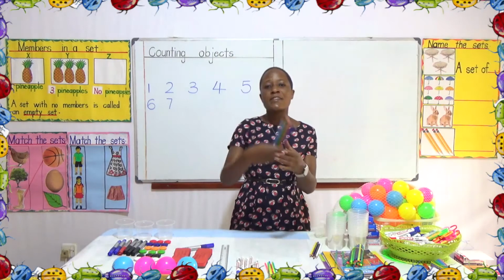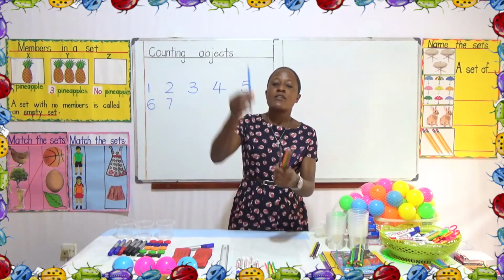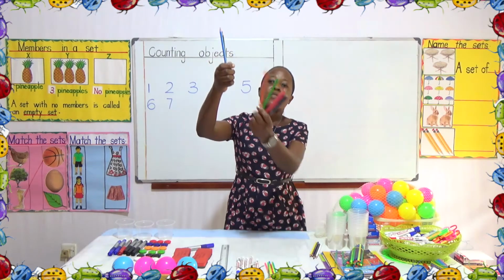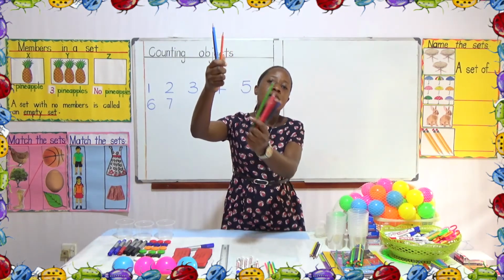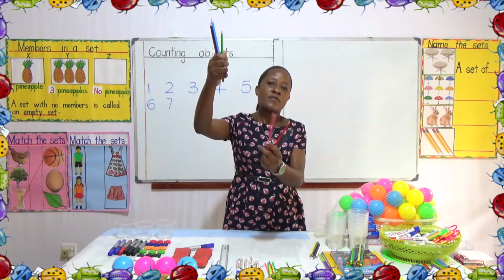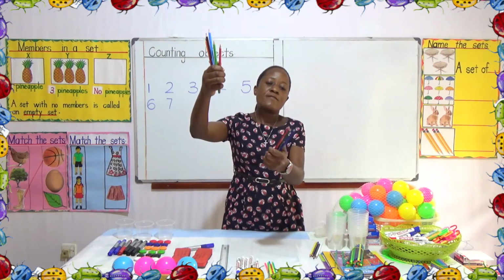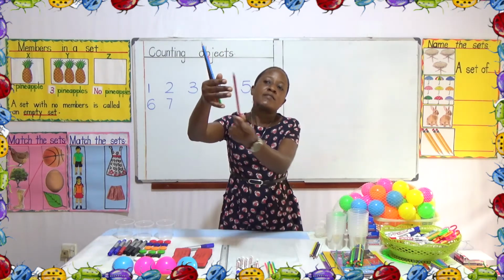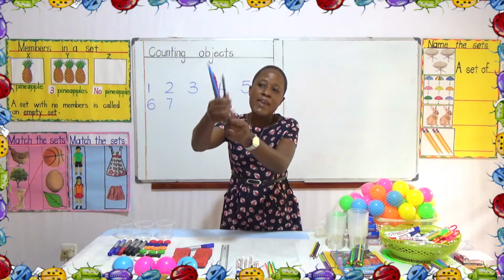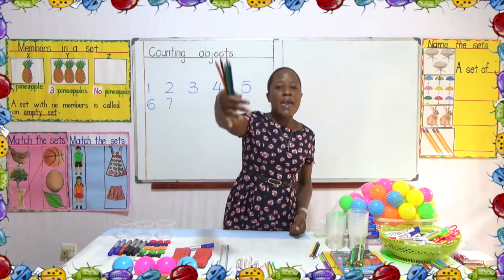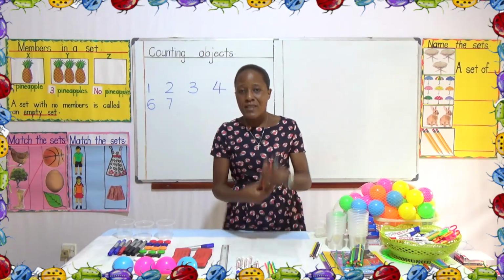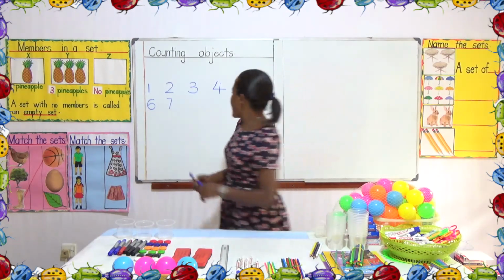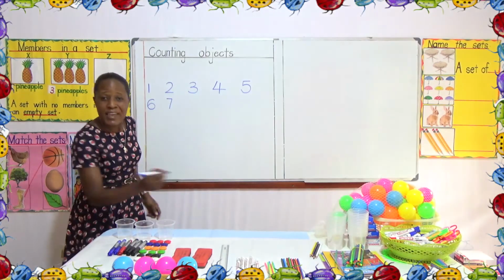Let's count them again together. 1, 2, 3, 4, 5, 6, 7, and 8. So these are 8 colored pencils. They are 8 colored pencils. And how do we write 8? 8 is written just like this.